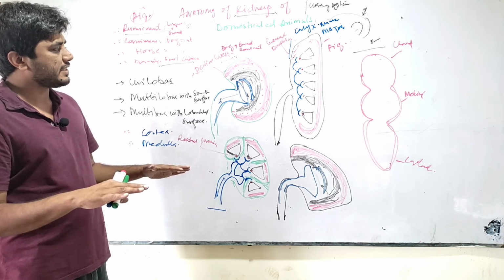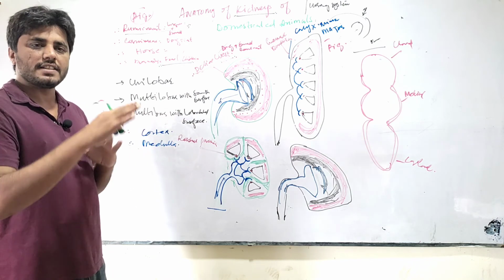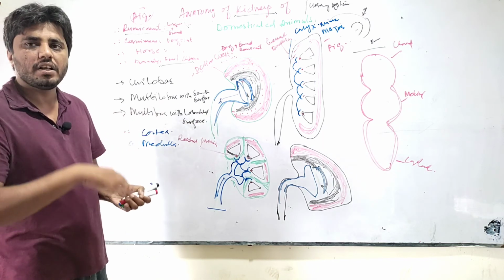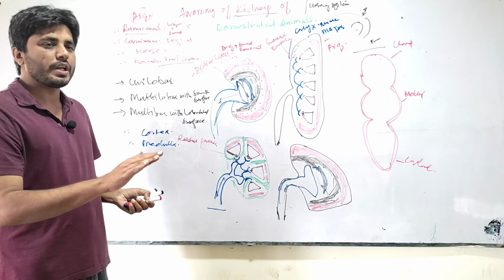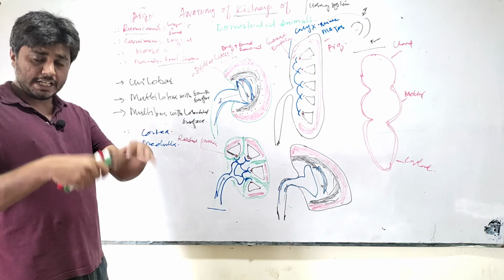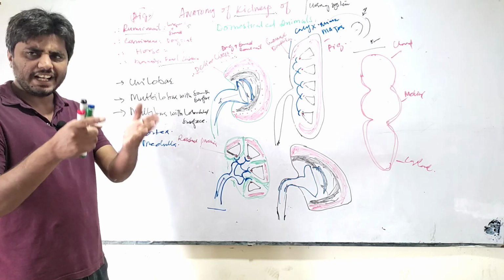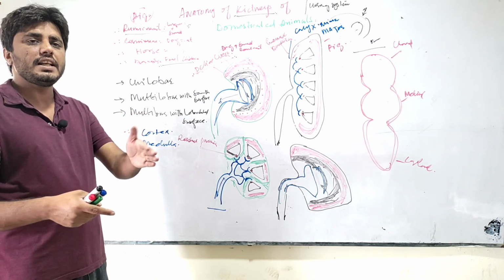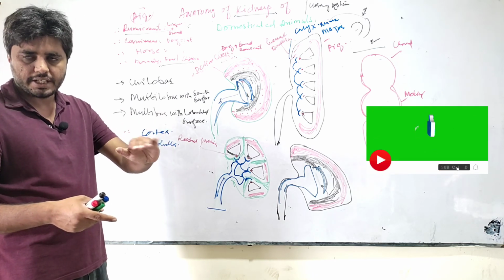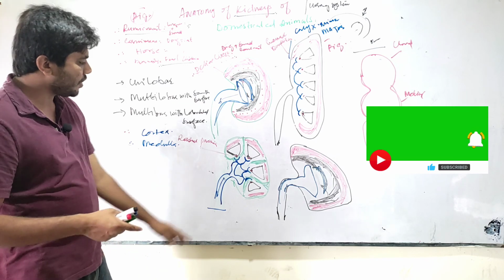The second point is that externally, kidneys can be divided into smooth surface and lobulated surface. Same story internally: some kidneys are divided internally into lobes, like the kidney of cattle, while others are internally fused, with the cortex and medulla fused. Is that clear? Any questions up to here?